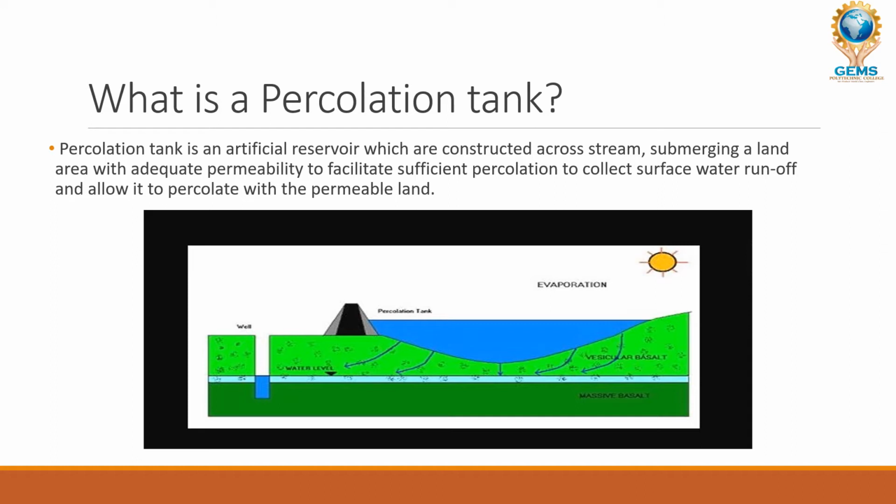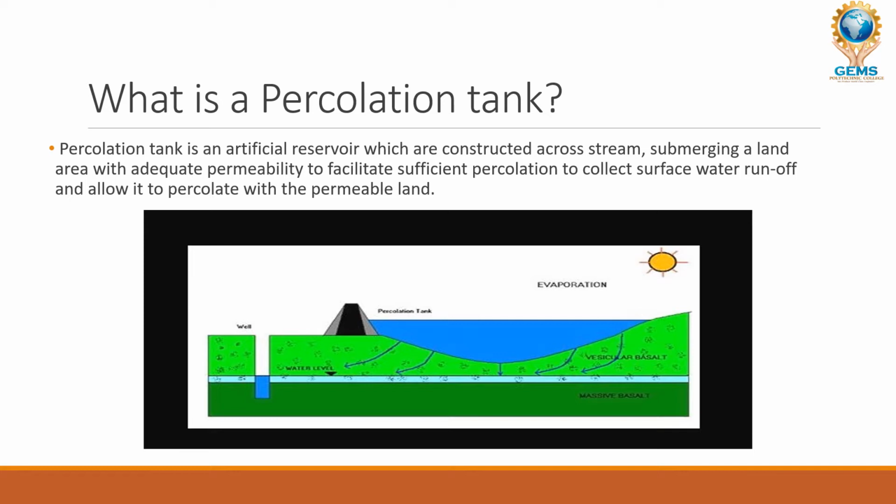That means that when a stream is naturally flowing through its pathway, percolation tanks are artificially constructed across the streams at certain intervals, so that the water from the stream is diverted a little bit to these percolation tanks.